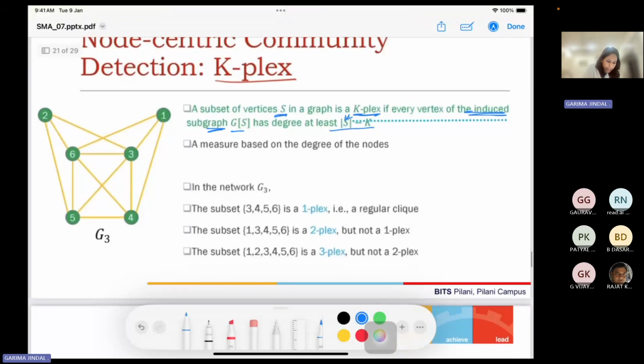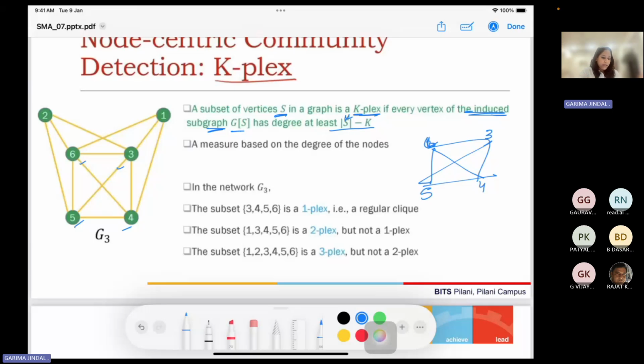Now for example, let me consider 3, 4, 5 and 6. Let's try to understand what will be the value of k in this particular induced graph. I have this induced subgraph 6, 3, 4 and 5.